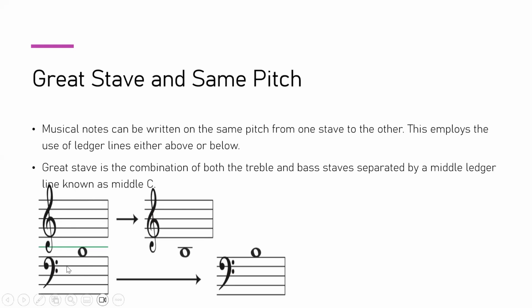Now, let's do this. You can see a note is written below the line, below the middle C. If this line is C, then what is the letter name of this space where the note is? Definitely it's going to be B because B comes before C. Now, let's do a separation.